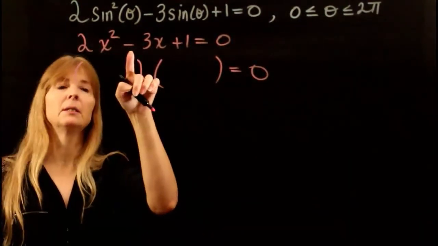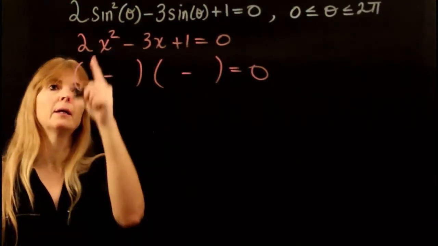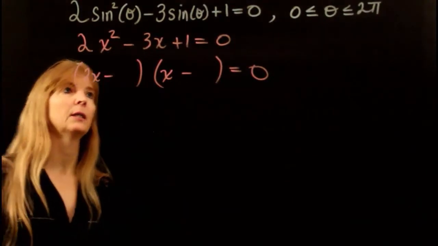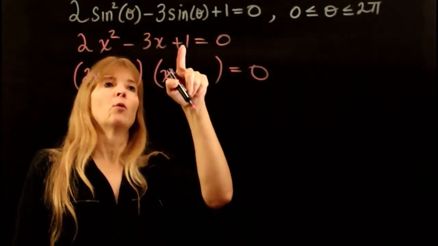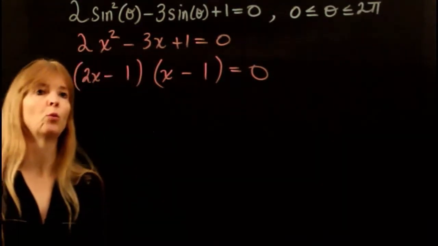The middle piece is negative, this is positive, so I know we're going to have a negative and a negative. 2x and x is the only way to get that. And then, of course, the only way to get 1 is 1 times 1.